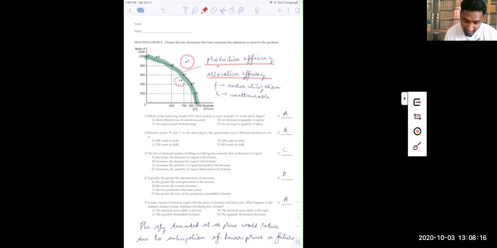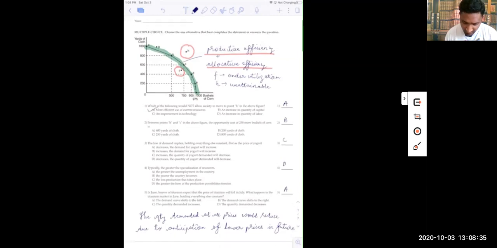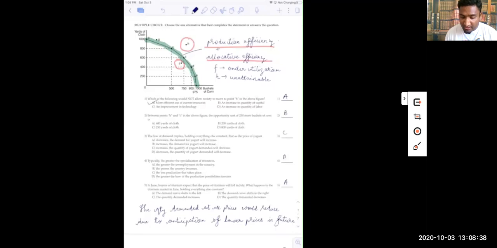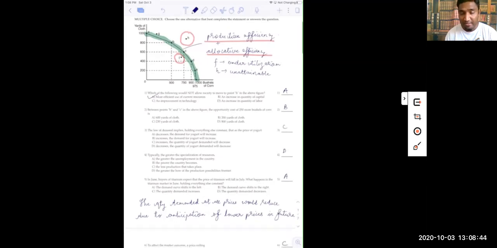If we are at point F, it means that we are underutilizing our resources and we are not being efficient, since the green curve is the only curve where we are being efficient. So the answer here is, of course, A. More efficient utilization of current resources would not allow society to move to point H, because the green curve is our most efficient utilization.